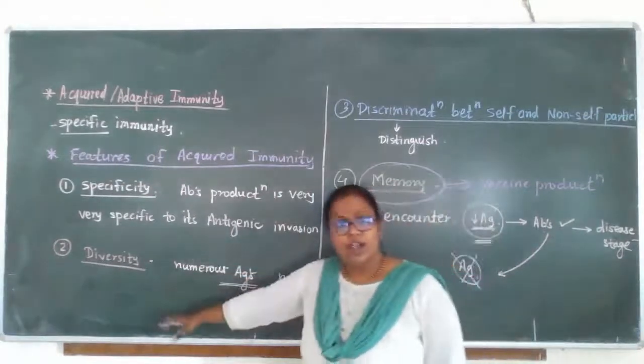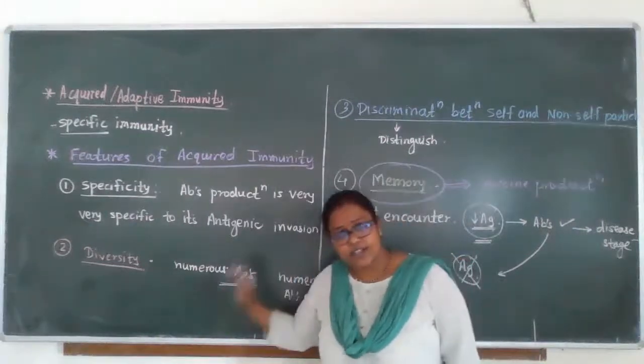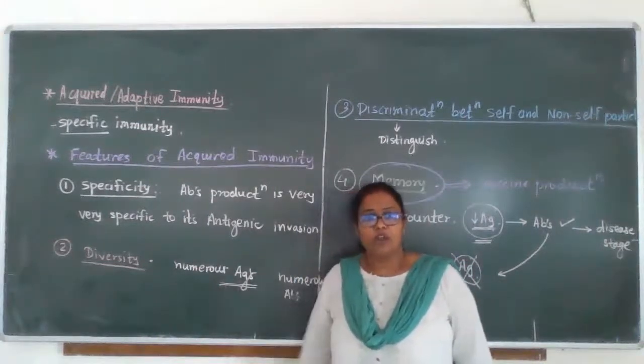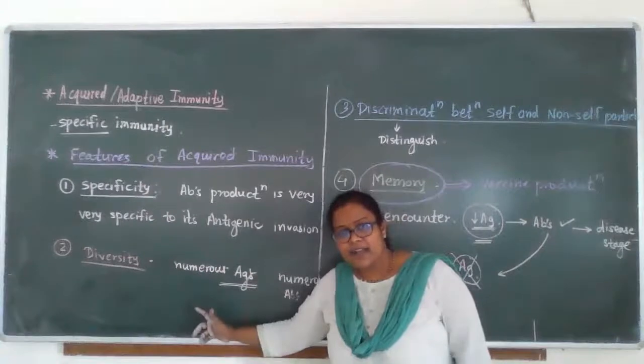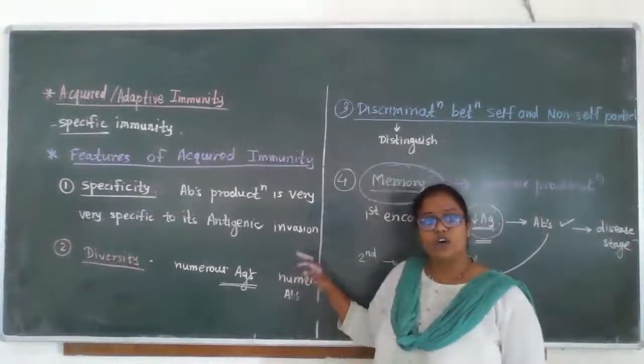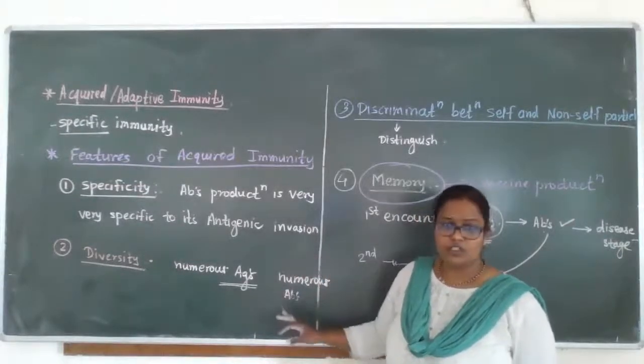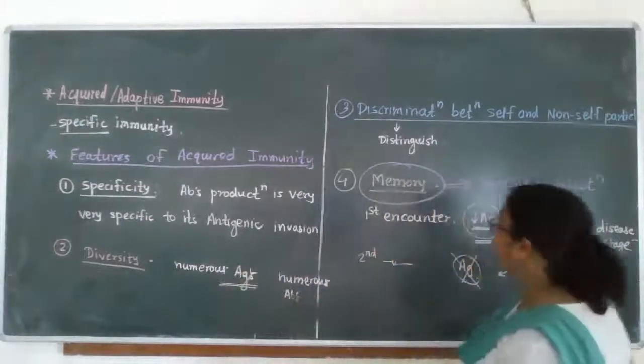Then diversity. As there are numerous varieties of antigens, to prevent them our body also has tremendous diversity in the antibodies. Clear? That is the diversity.